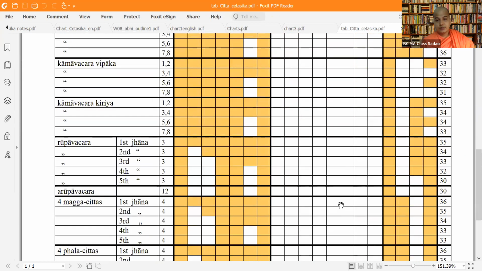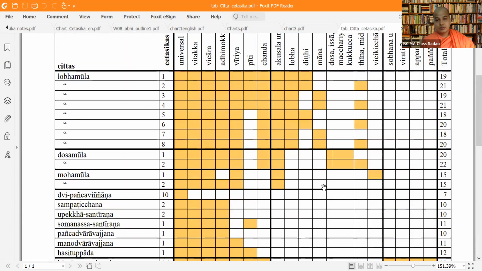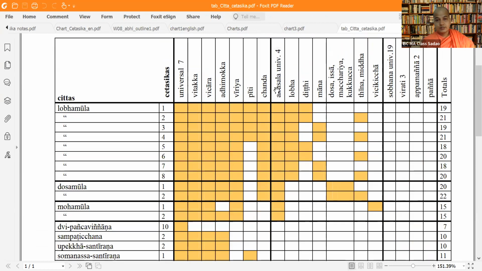So they do not arise in all these Chittas. So this Akusala universal, there are 4 that arise in all these Akusala Chittas. Lobha arises in these 8 Chittas. It is not present in the following 4 Chittas.